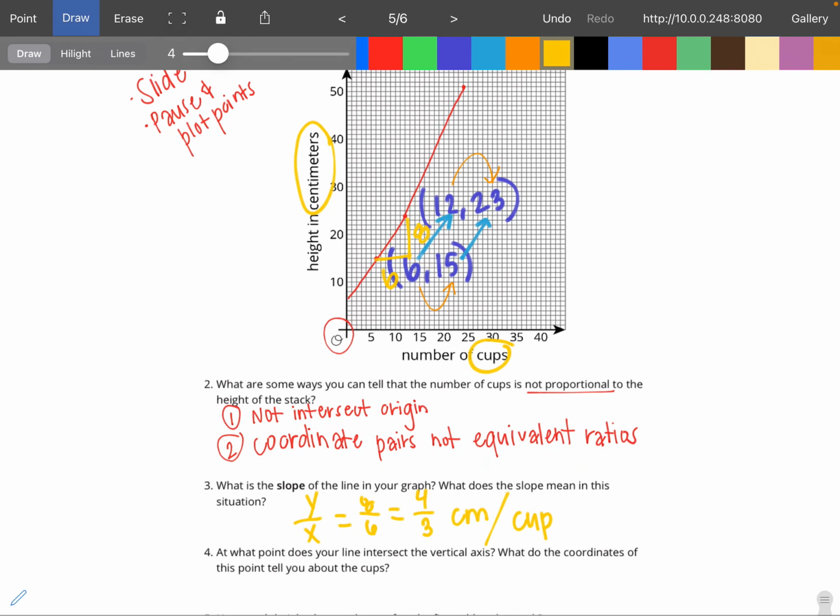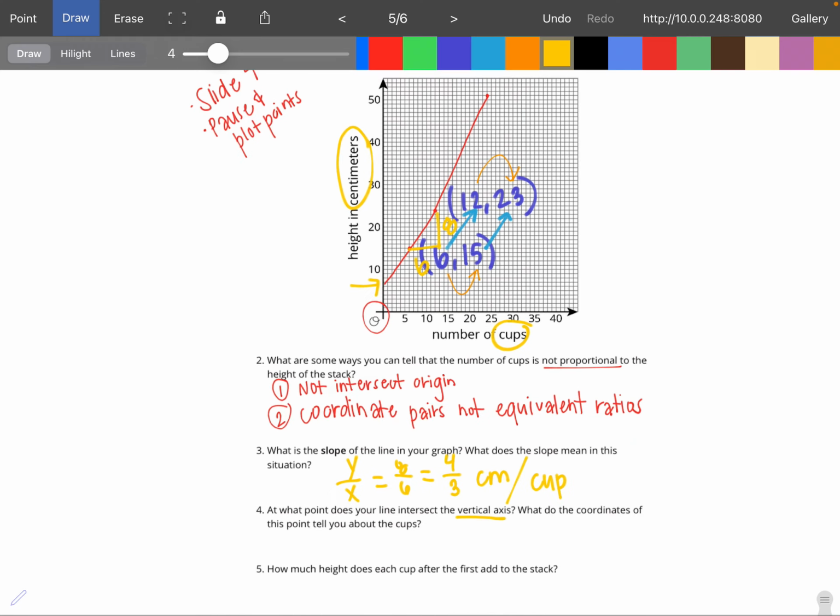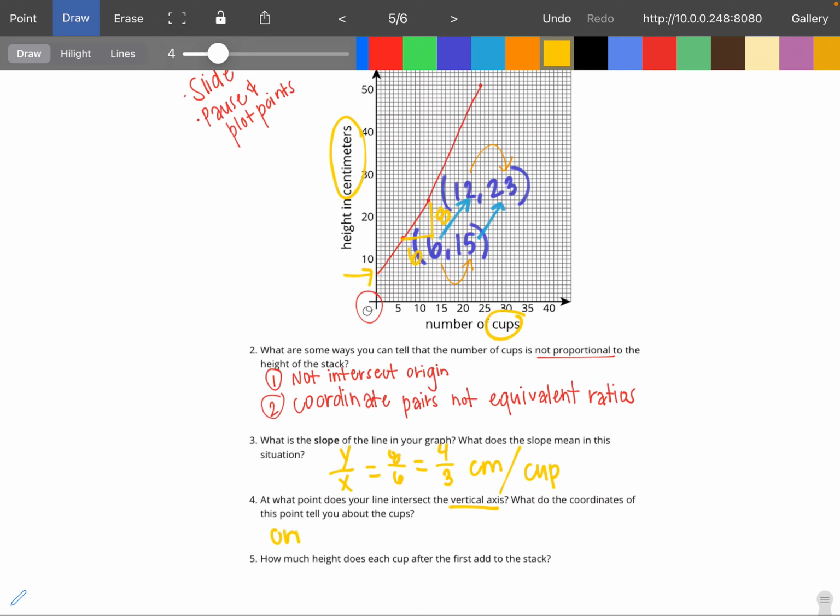Now, that intersection with the vertical axis in question 4 tells us the original height of the cup. It's the starting point, the original height. And that is 7 centimeters. The coordinate pair is 0, 7. It's 0 spaces side to side and 7 spaces up.